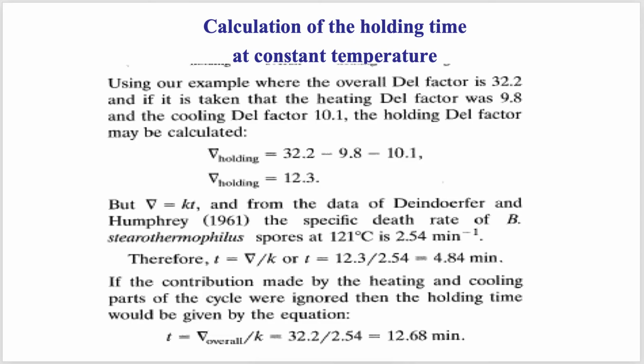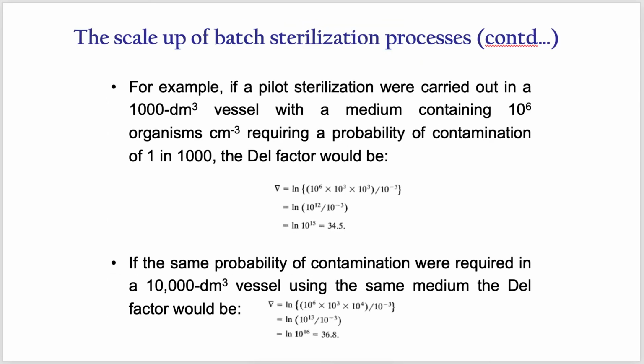Now say you want to set up the batch sterilization process for your final fermenter. How do we do that? We need to optimize the holding temperature, holding time, and also the temperature for our process.